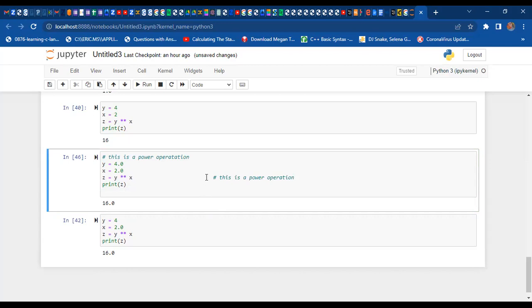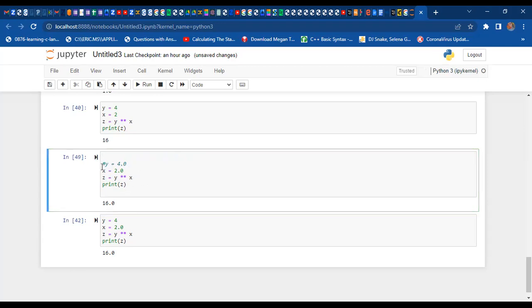So the Python interpreter doesn't read anything after the hash. If I add hash here, I have commented this, and when I run this, it will give me an error because it will not read the Y. You see? It's going to be an error.